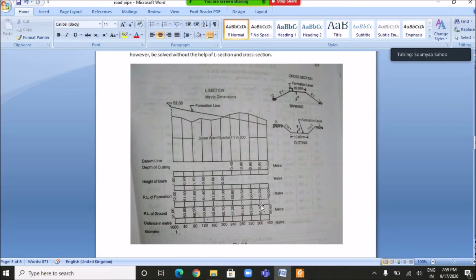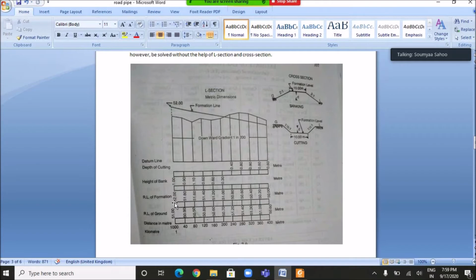Over this, another rectangular box is made, where the corresponding reduced levels of the ground are mentioned, over which another rectangular box is drawn, where the reduced levels of formation are mentioned.